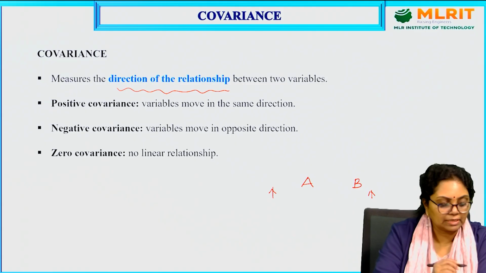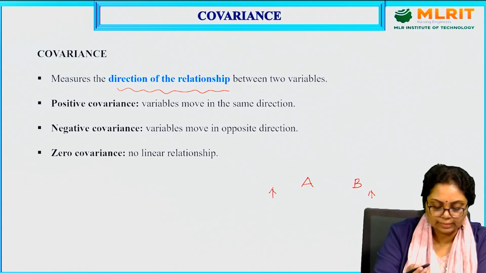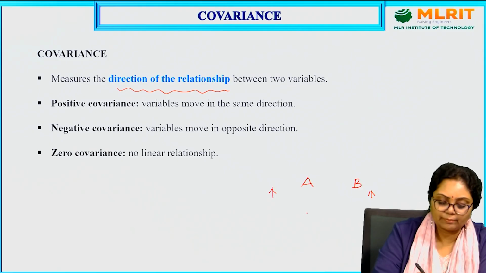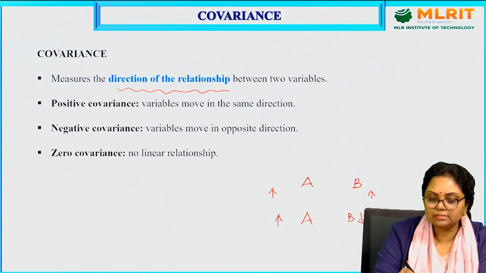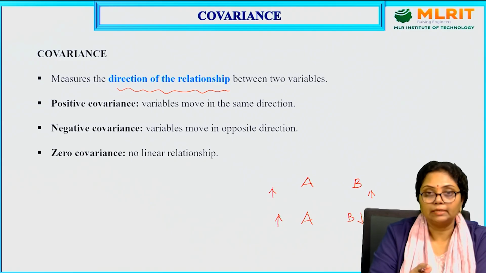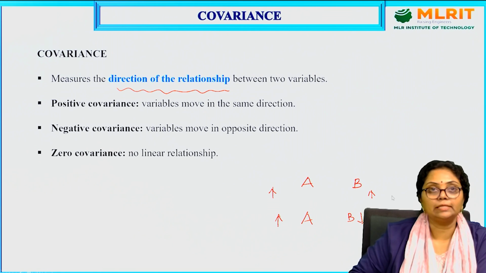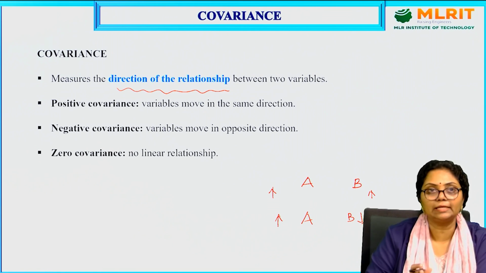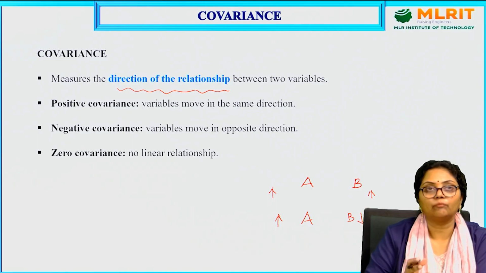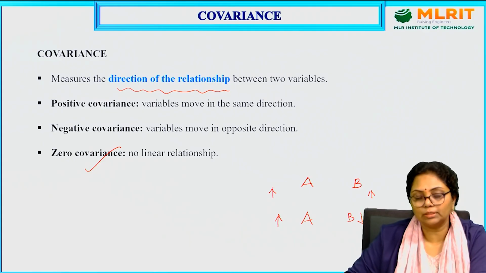With negative covariance, there is an opposite relationship between the two. For example, A is increasing and B is decreasing, because both have a negative relation, moving in opposite directions. If there is no relationship, meaning we cannot relate one variable to the other, we say there is zero covariance.